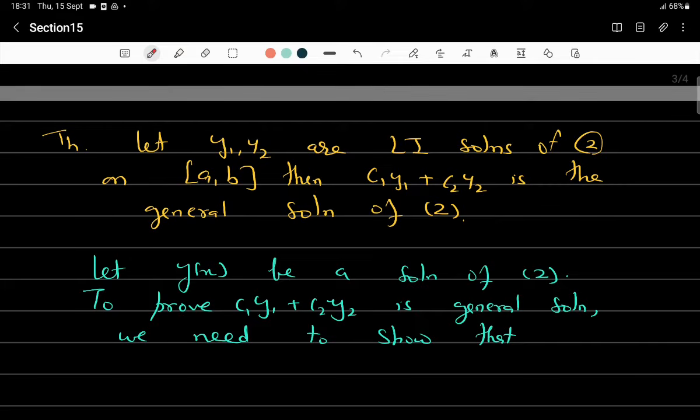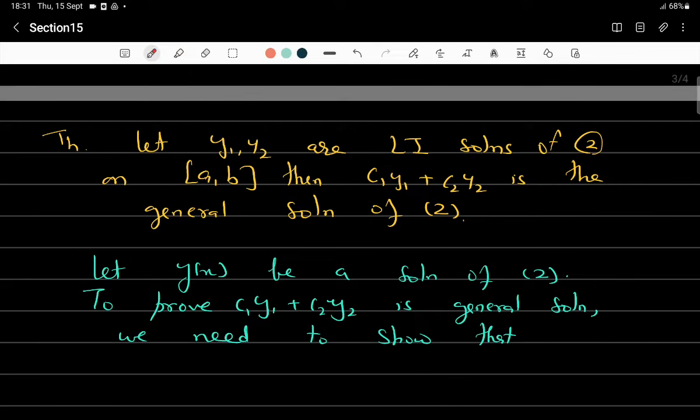If we have to show that, it means that any particular solution must be obtained from C1 y1 plus C2 y2. For example, if I put C1 equal to 1, C2 equal to 2, these values must be unique.